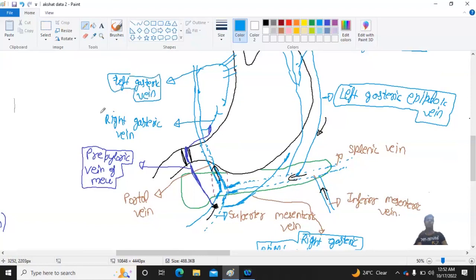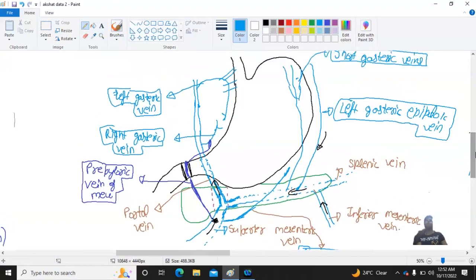So these are the important veins for stomach drainage. Done. And these are the tributaries. Simple, similar to the arterial circulation. Splenic vein, splenic circulation. This splenic circulation is important.